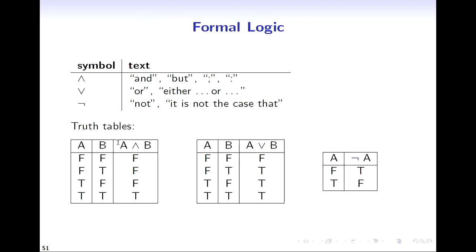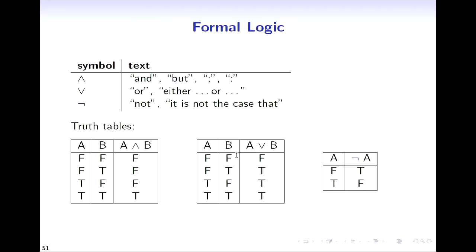And if you have seen elementary propositional logic already, then this wouldn't come as a surprise to you that the conjunction is true only in case A is true and B is true. As soon as one of these two sub-sentences, one of these two individual propositions is false, then the conjunction would be false also.